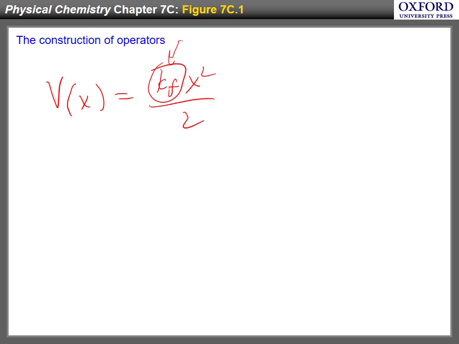So going back to the previously explained correlation, in which we described the specifications of operators, we can then say that our operator for potential energy is, well, this, right?